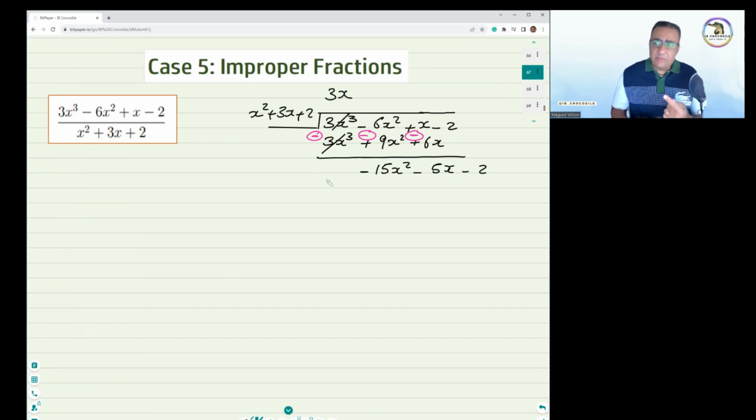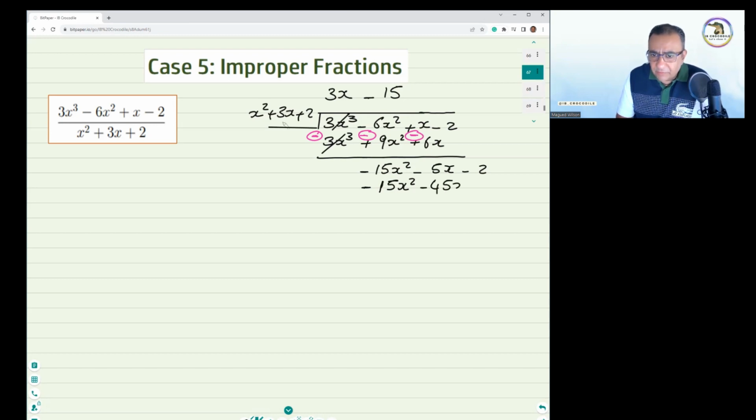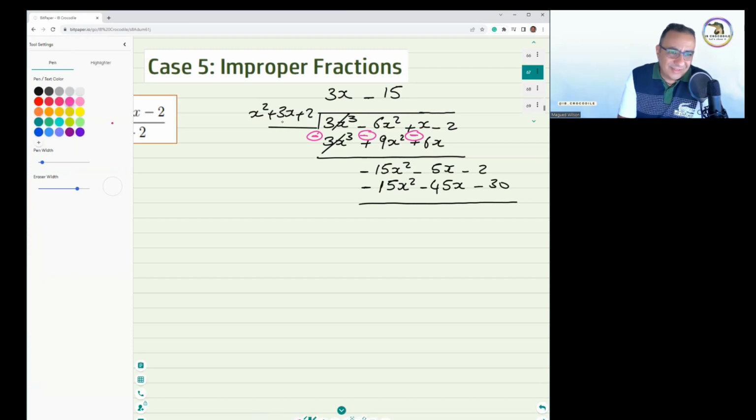Then the next step, the same process, you divide the first term by the first term. So negative 15x squared by x squared, negative 15, right? So minus 15 here. And then you multiply back. So minus 15x squared, and then minus 15 times 3x, which is negative 45x, and then minus 30. And then you change the signs.